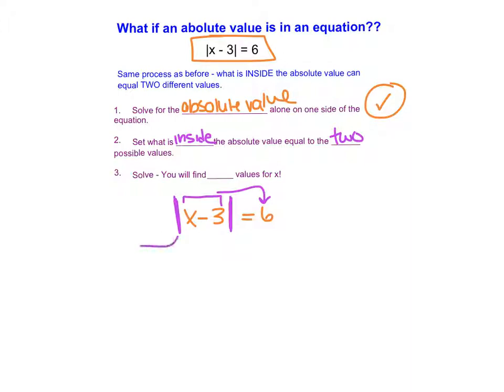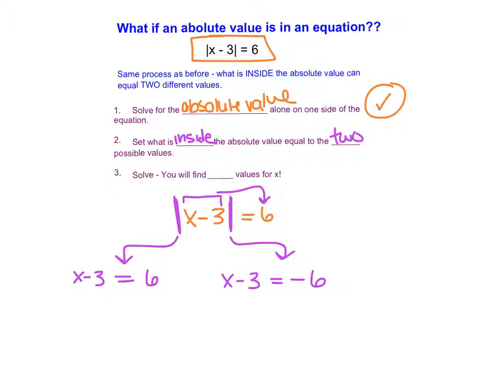That x minus 3, which breaks down the first prison wall, that inside of that absolute value could equal a positive 6. If the inside of that absolute value equals a positive 6, then it's 6 units from 0. The other option is that x minus 3 could equal negative 6, because if the number inside of that absolute value is negative 6, that also has a distance from 0 of 6.